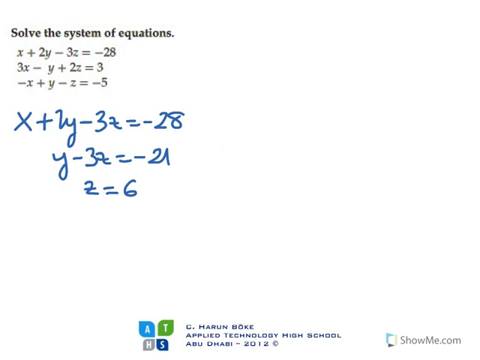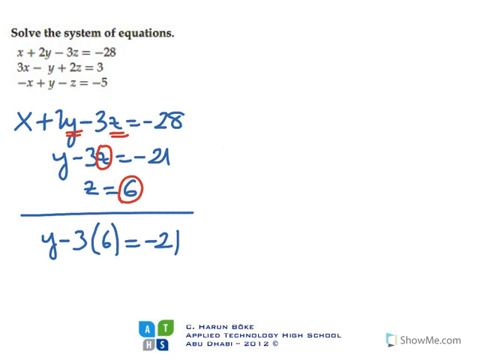Now I will substitute the value of 6 here to find y, and once I have y and z, I will substitute those values here to find x. So the second equation will be y minus 3 times 6 equals -21, which is y minus 18 equals -21. From here we get y to be -3.